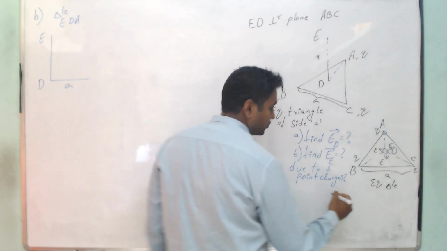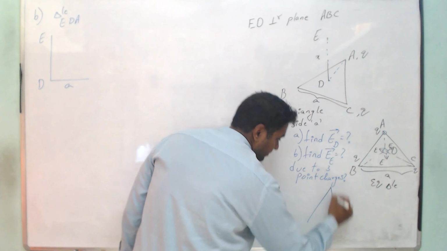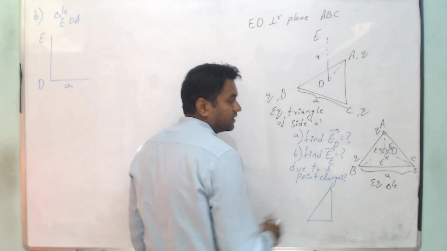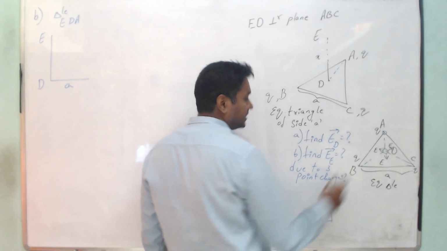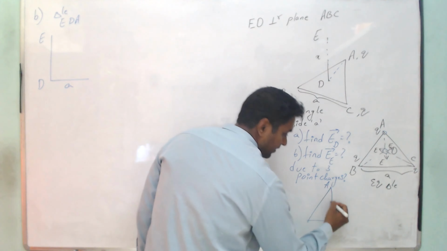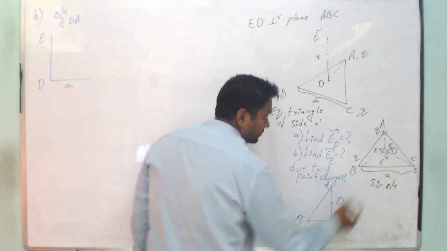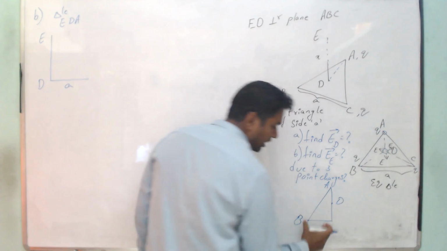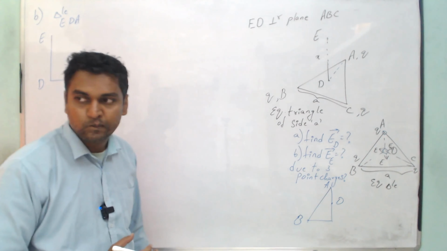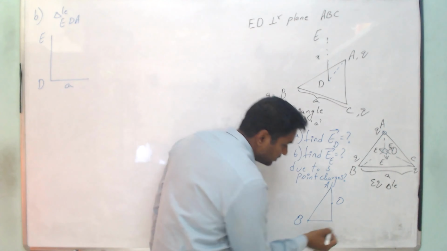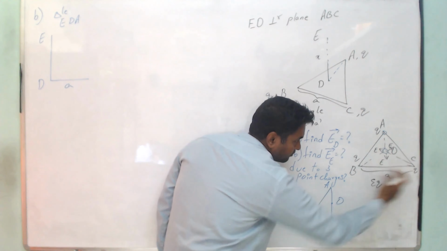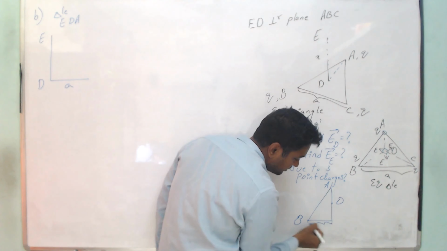Now I am showing you how to find the distance A and D. This is A, D is somewhere here, and this is B. I have taken half of the equilateral triangle. If I take half of my bottom, this will be a by 2.